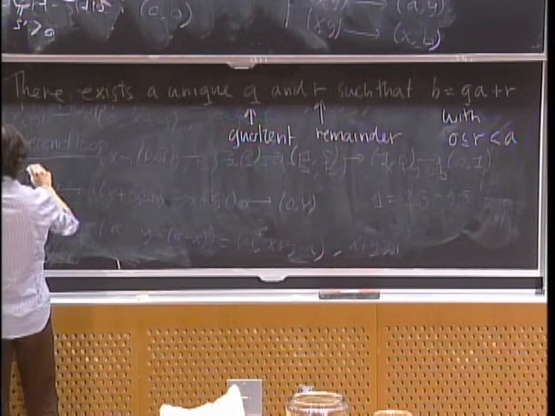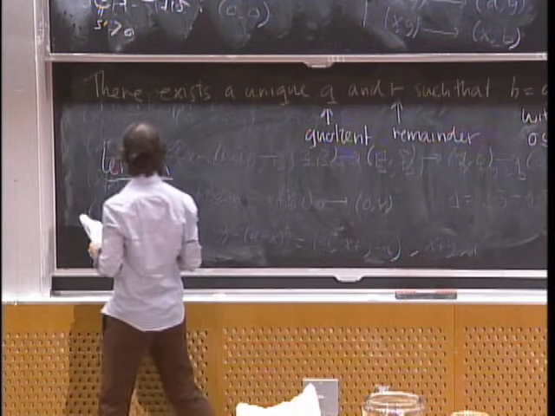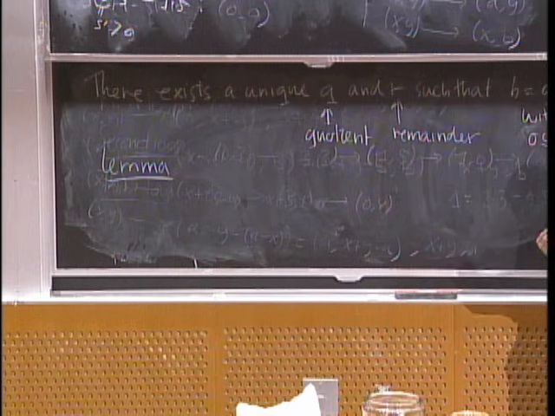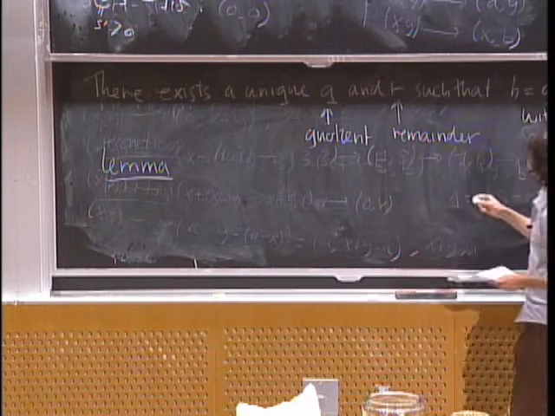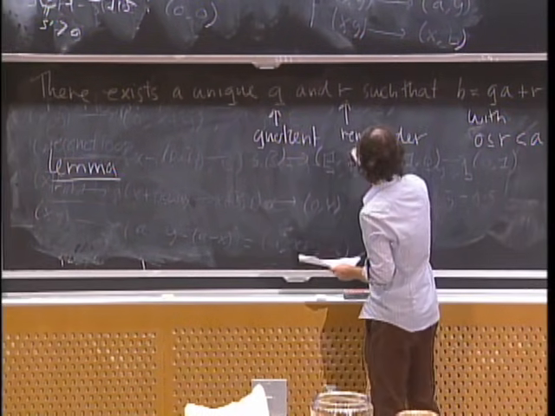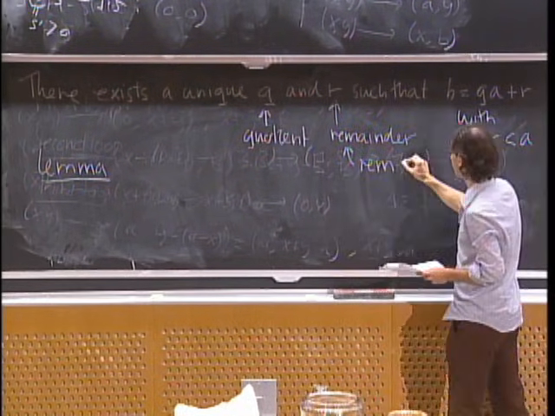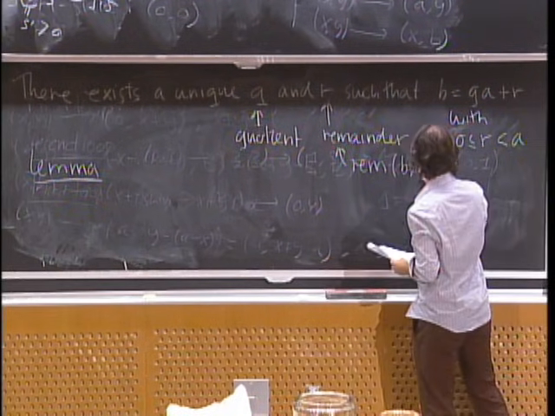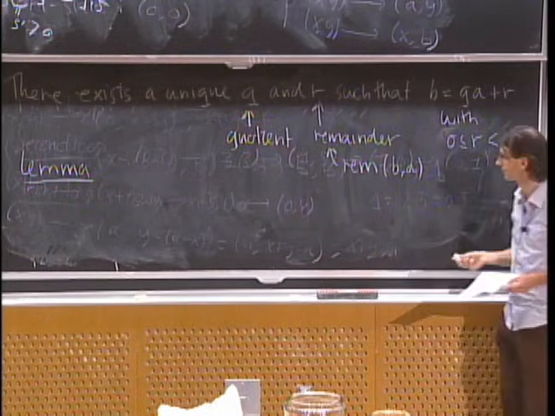We're going to use this to prove the following lemma, that we will need to give a characterization of the greatest common divisor as a linear combination of integers. Before I forget, we will denote this remainder as rem of b comma a, and this is the notation that we use in this lecture.